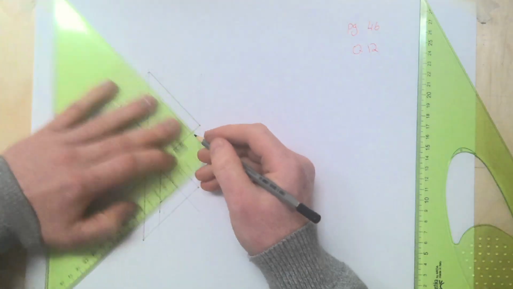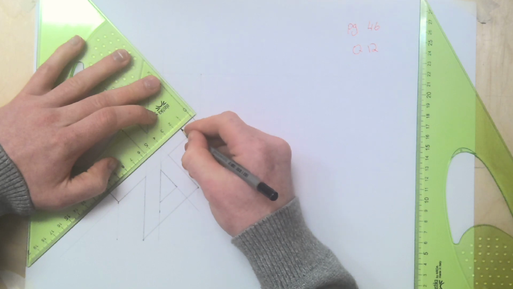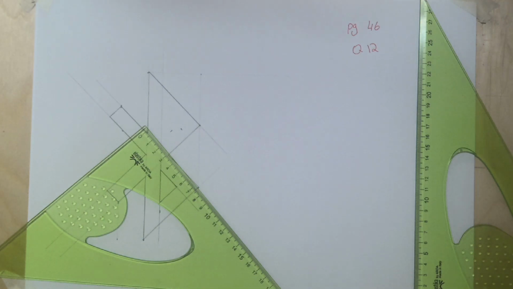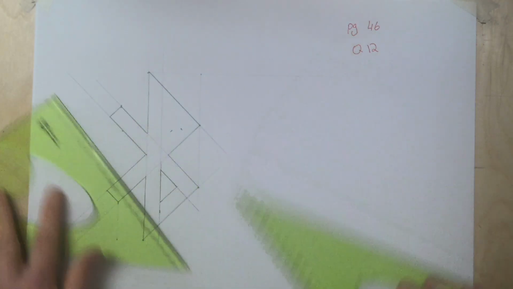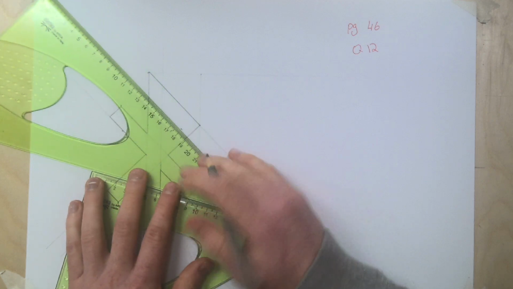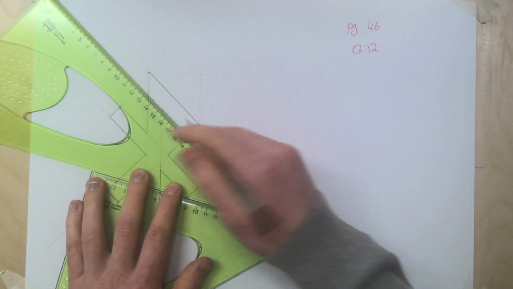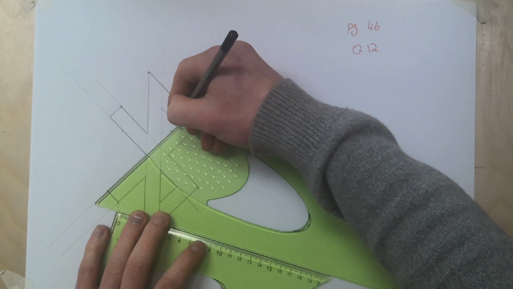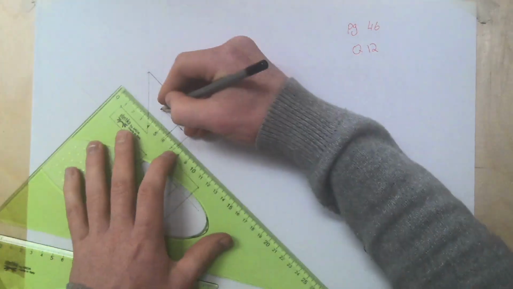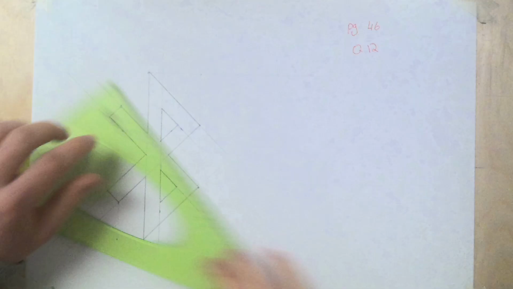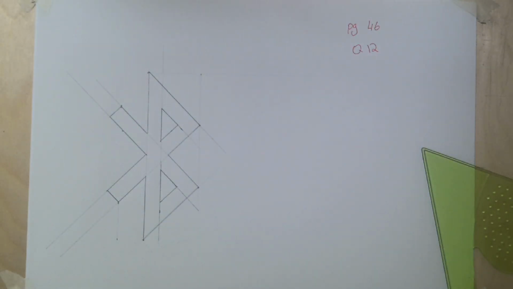Measure 15 in from this side, 15 in from this side, go parallel. Go parallel to this one. Just darken it in. And that's the Bluetooth symbol fully completed then.